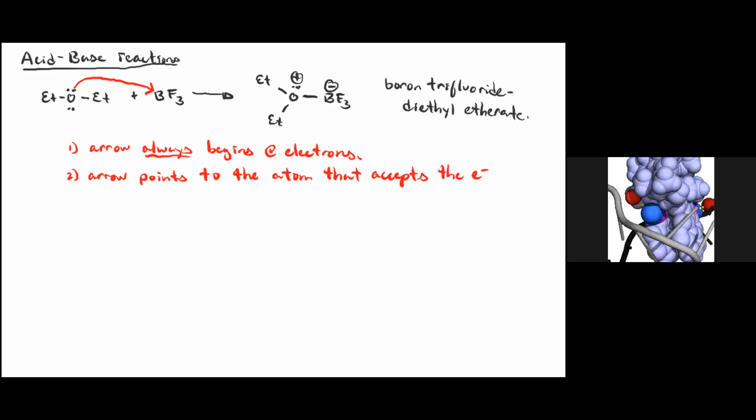And one final note is that I'm using a double-headed arrow, or an arrow with 2 barbs. That indicates the flow of 2 electrons. When we talk about radical chemistry later in the course, we'll use single barbed arrows.